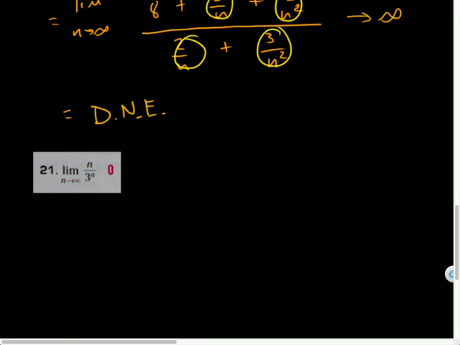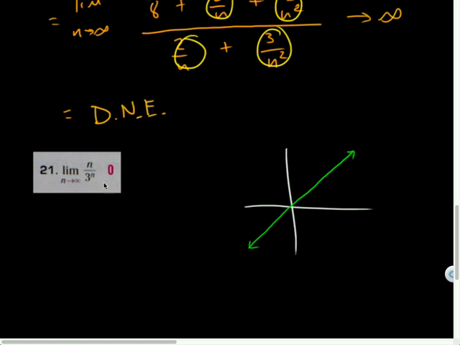So 21. Now we've done exponential functions. Let's consider the graph of these two things. If I had y equals n, that's a straight line, right?